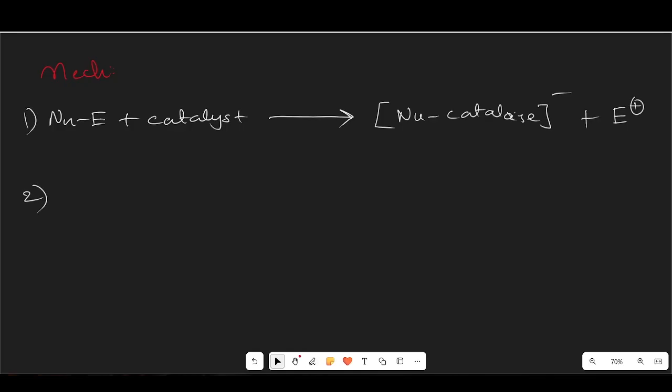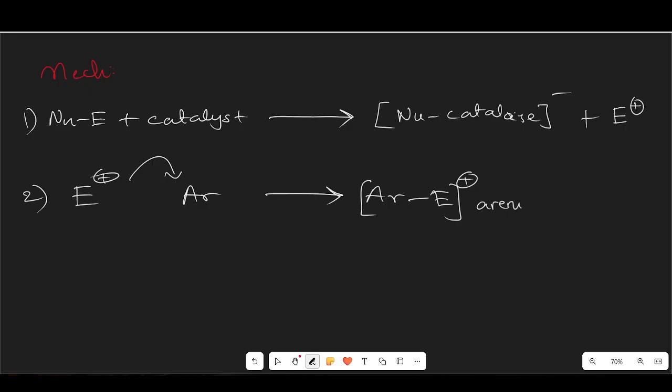The second step, we have this free electrophile, which attacks the arene. This is the universal sign for arene, by the way. This forms the arenium ion. The third step, the arenium ion is rearranged in such a way.